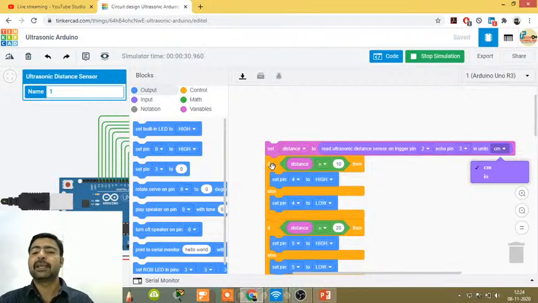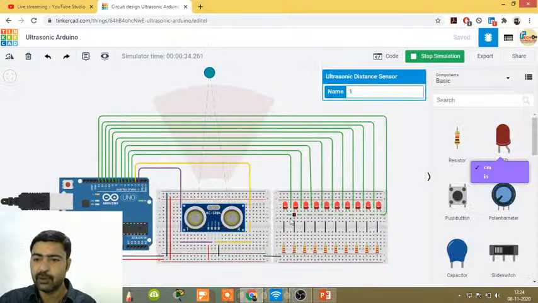Then we'll be running the conditions. What is the first condition we have put here? If the distance we are getting from the ultrasonic sensor is less than or equal to 10, what do we need to do? We need to turn on the first LED, which is connected to pin number 4. You can see it here.